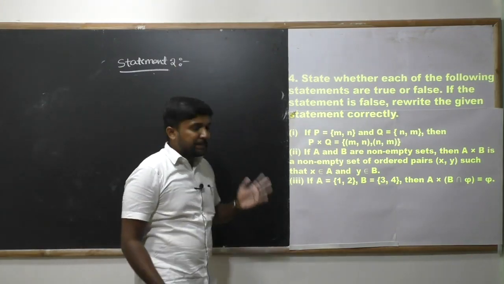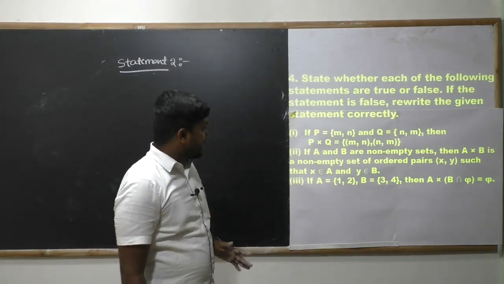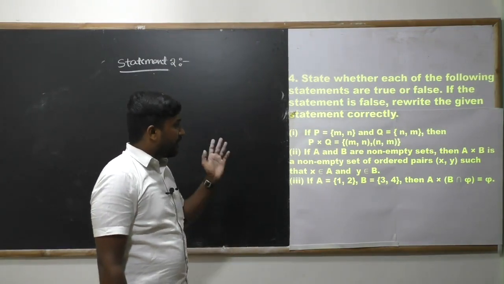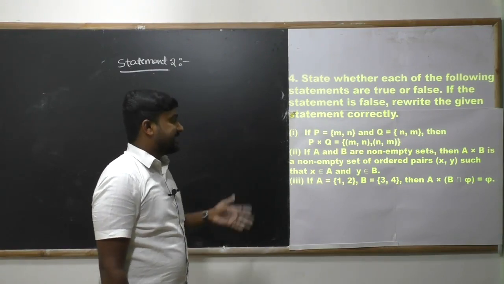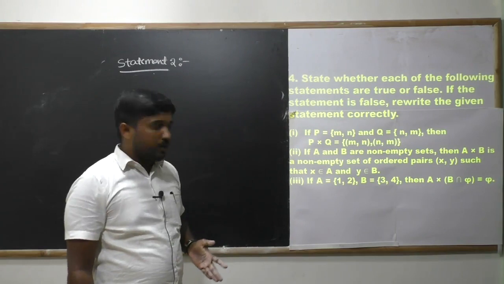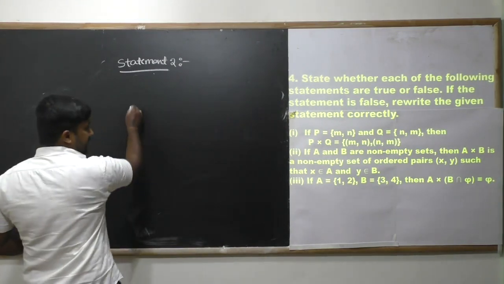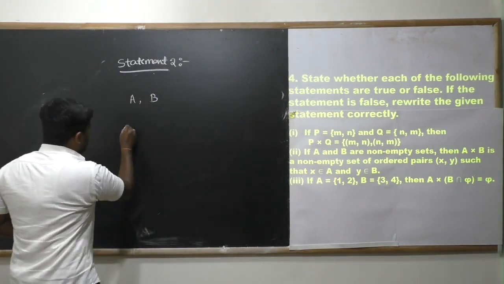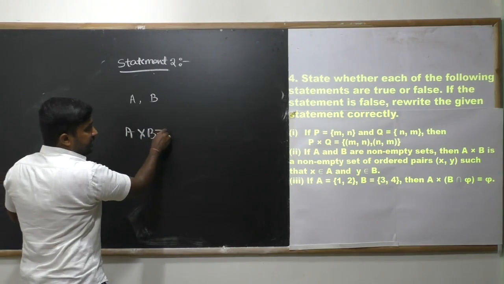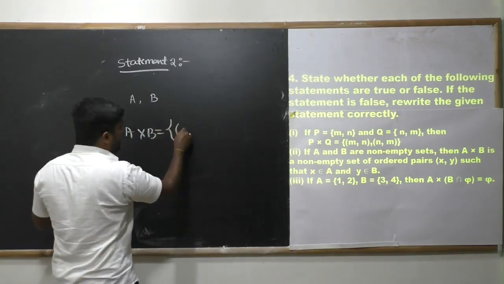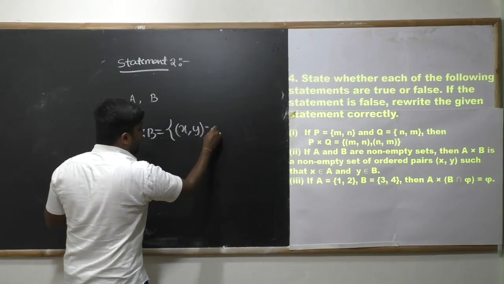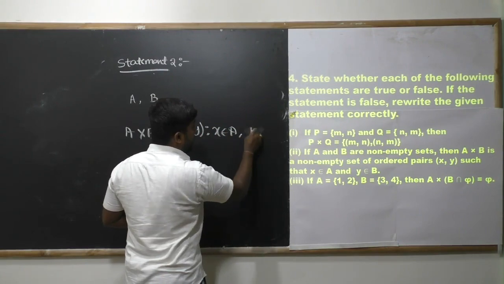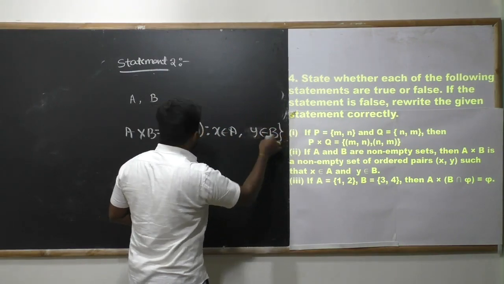If A and B are non-empty sets, then A cross B is a non-empty set of ordered pairs (x, y) such that x belongs to A and y belongs to B. This is the second statement, right?